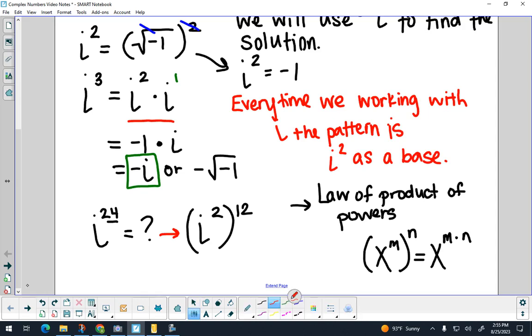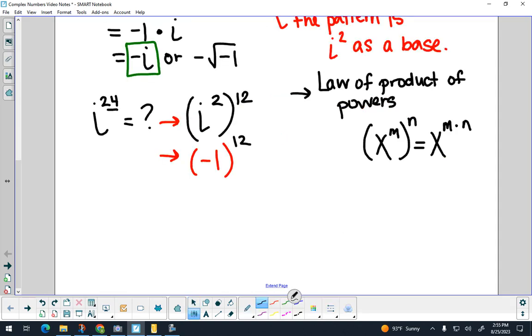And I know that i squared is -1. We know that already. So then I could say -1 to the 12th power. Now, do we really want to do -1 twelve times? No, we can recognize that anytime we have an even exponent, our answer should be positive.